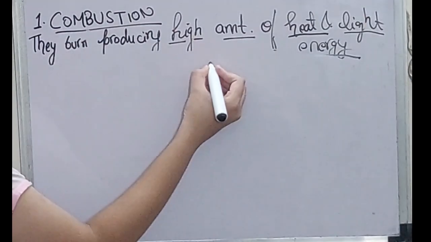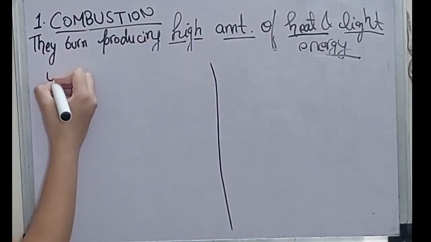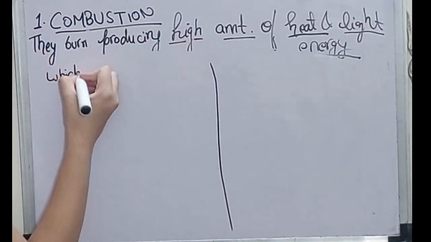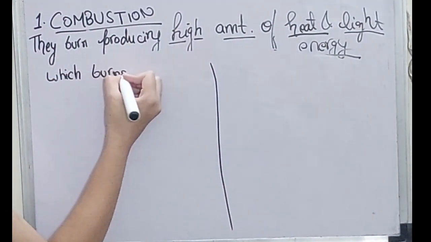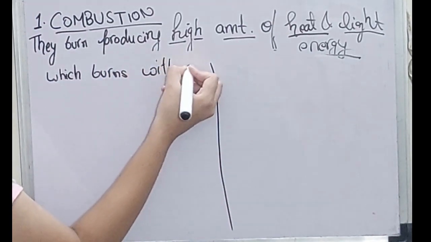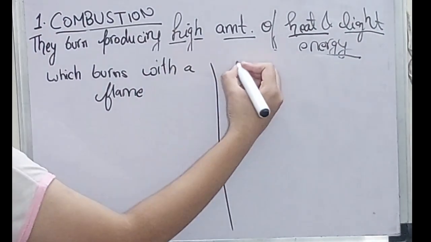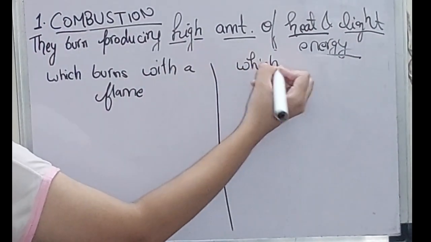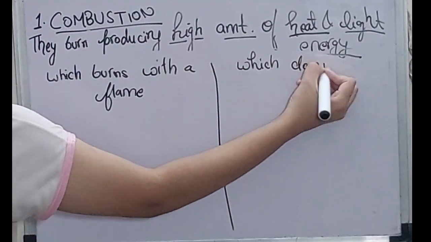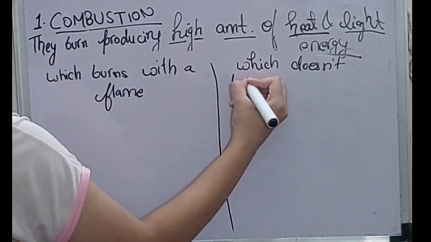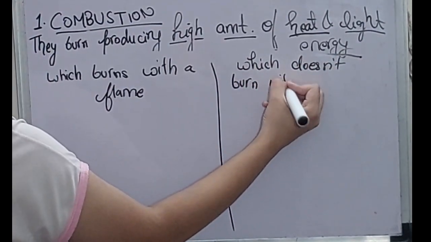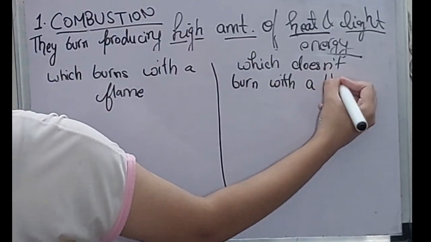There are two types of materials. One which burns with a flame, and those which do not burn with a flame.